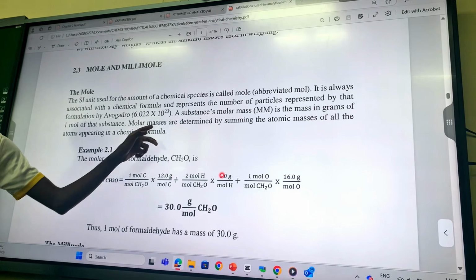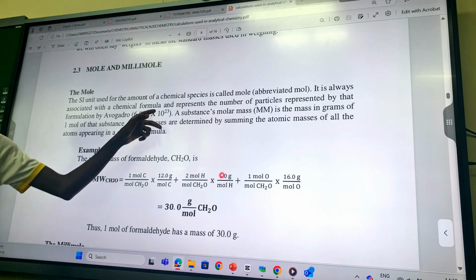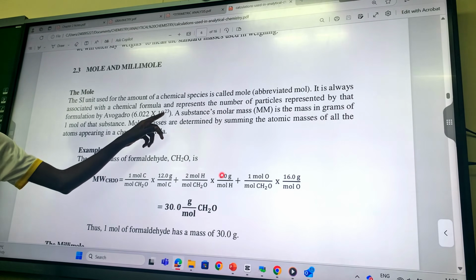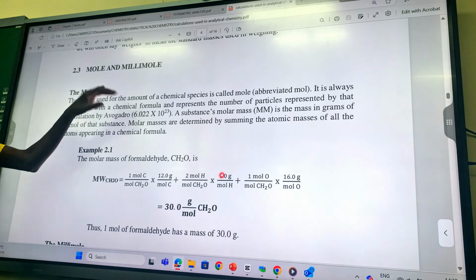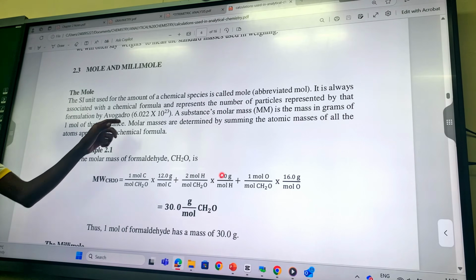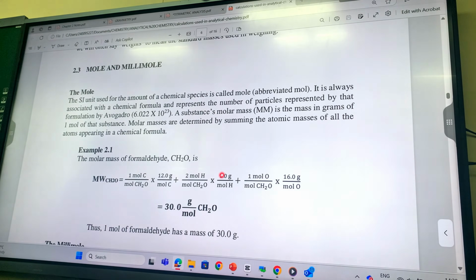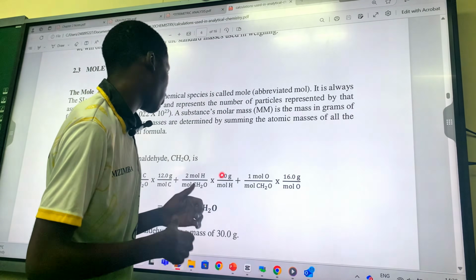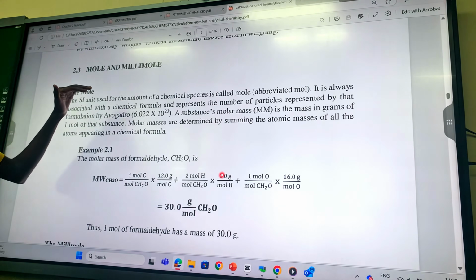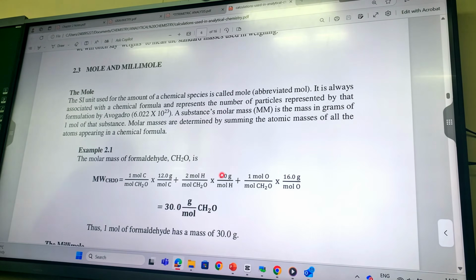This is more than a million, a billion, a trillion. It just means that each and every mole of a substance has this amount of particles. So we use the number of moles to describe the number of particles that we have.